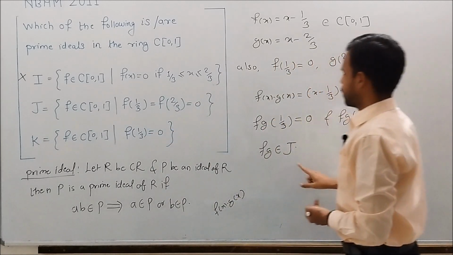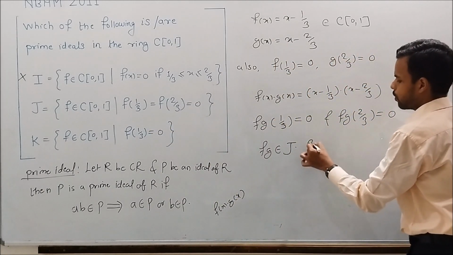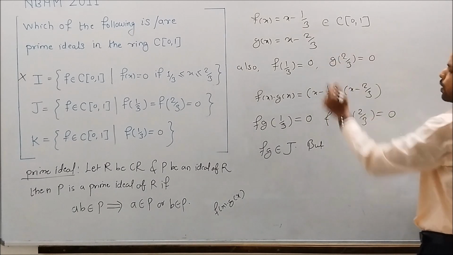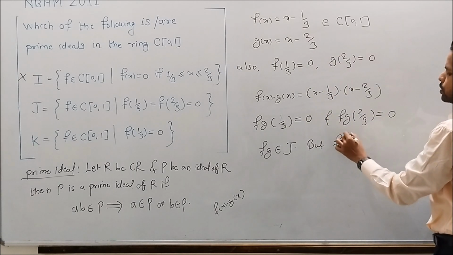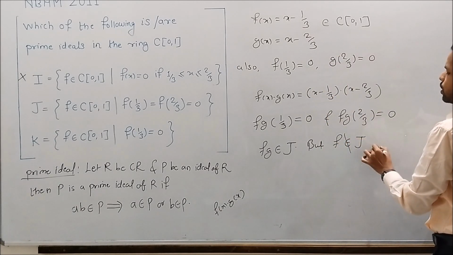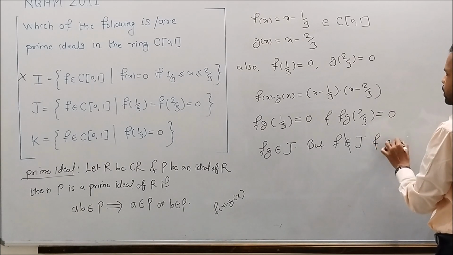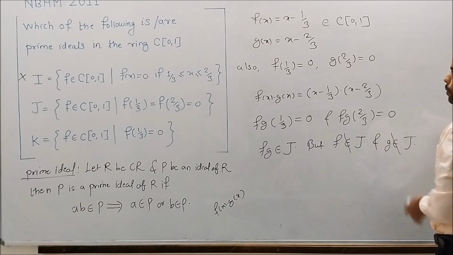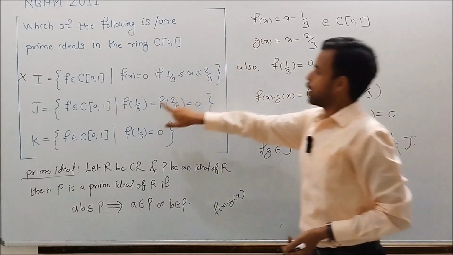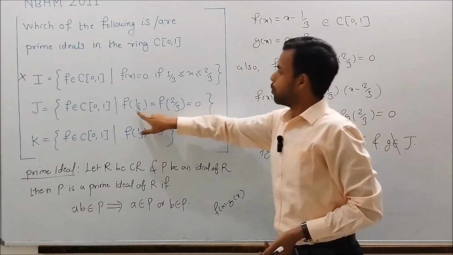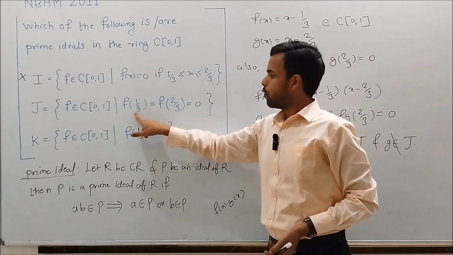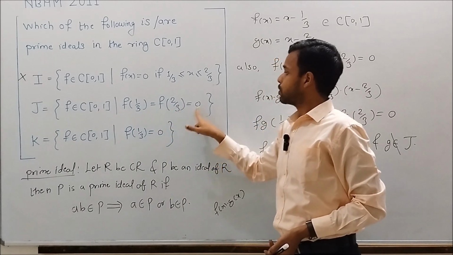But by definition of f and g, f does not belong to J and g does not belong to J, because we need both these values to be 0, that is f(1/3) = 0 and f(2/3) = 0.